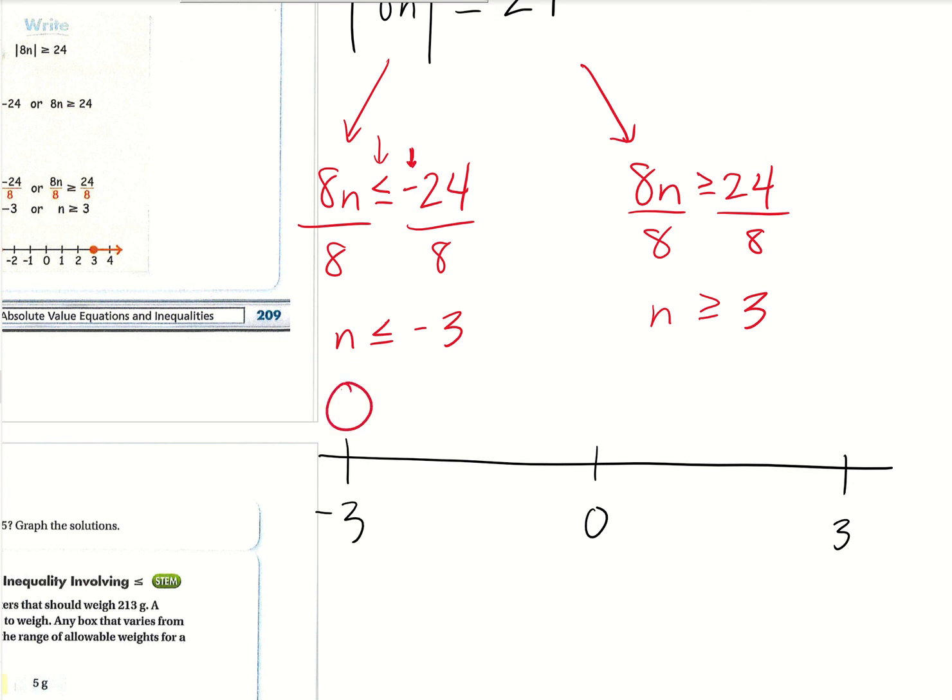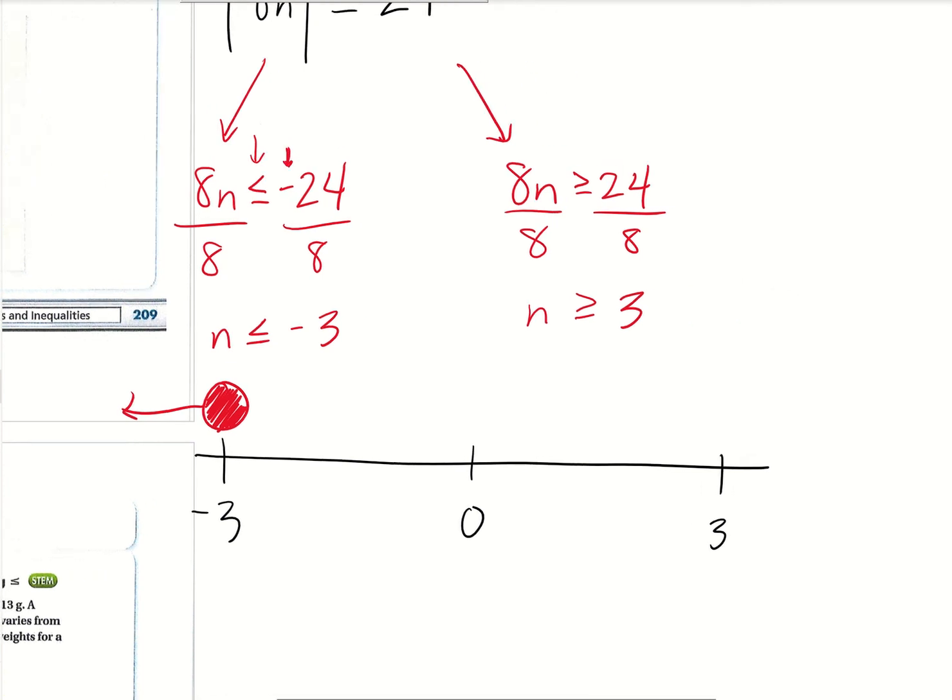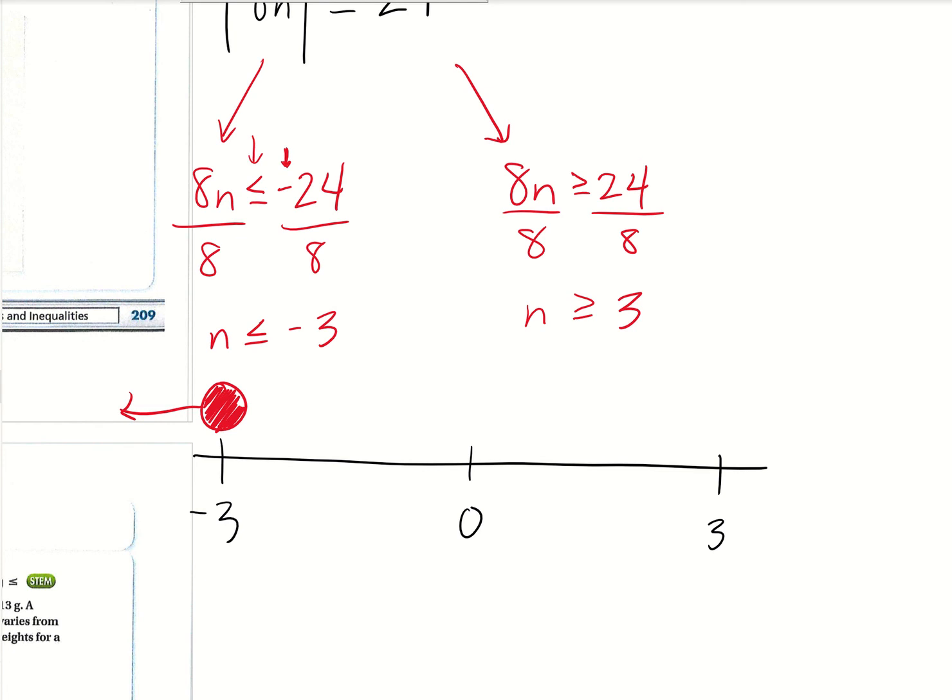Since it's less than or equal to, I'm going to shade it in. And it needs to go to the left because the variable is the lesser part. And on the other side, we have n is greater than or equal to 3. Same thing, we're at 3, and I'm going to shade in because it's also equal to. Now I'm going to the right because the variable is the greater side. So this is what your graph should look like for this one.